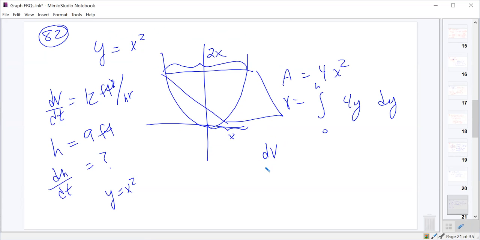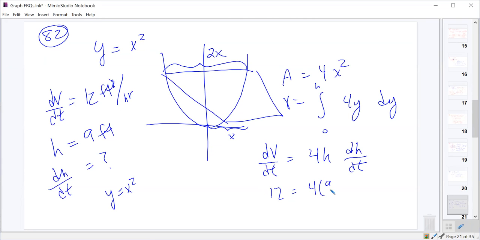All right. So dV/dt ought to be the derivative of this. The derivative of this ought to just be 4h times the derivative of h, which is 4h dh/dt. And we have dV/dt, which is 12.